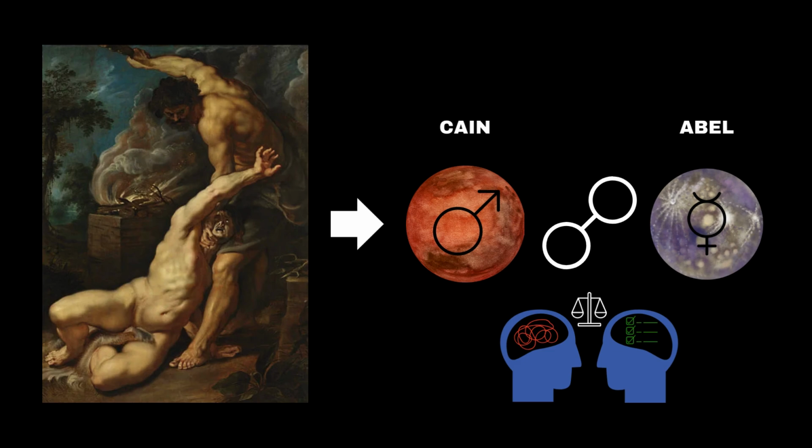The story of Cain and Abel may be interpreted as a cosmic struggle between chaos, represented by Cain's Mars-like nature, and order, embodied by Abel's Mercury-like qualities. This dichotomy reflects the ancient Mesopotamian understanding of the universe as a balance between opposing forces.